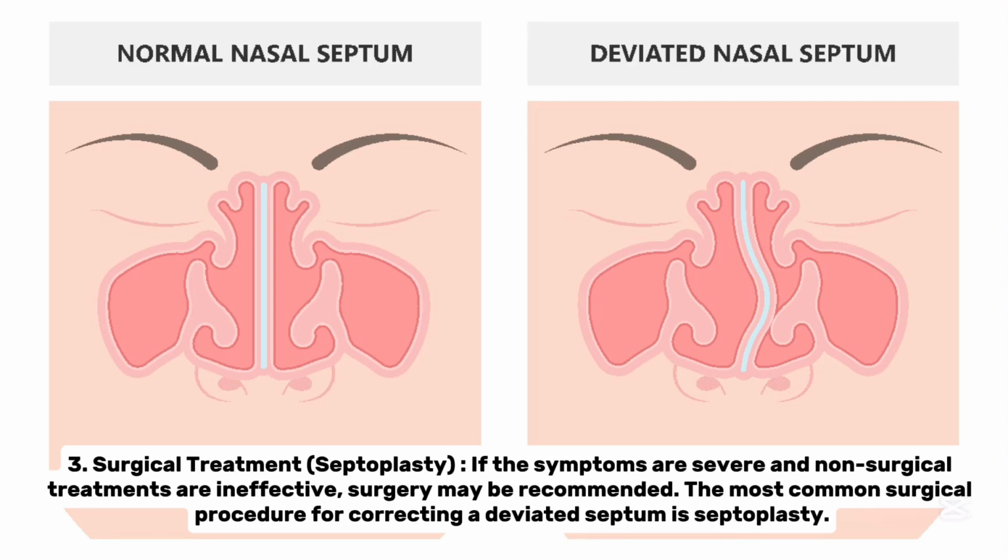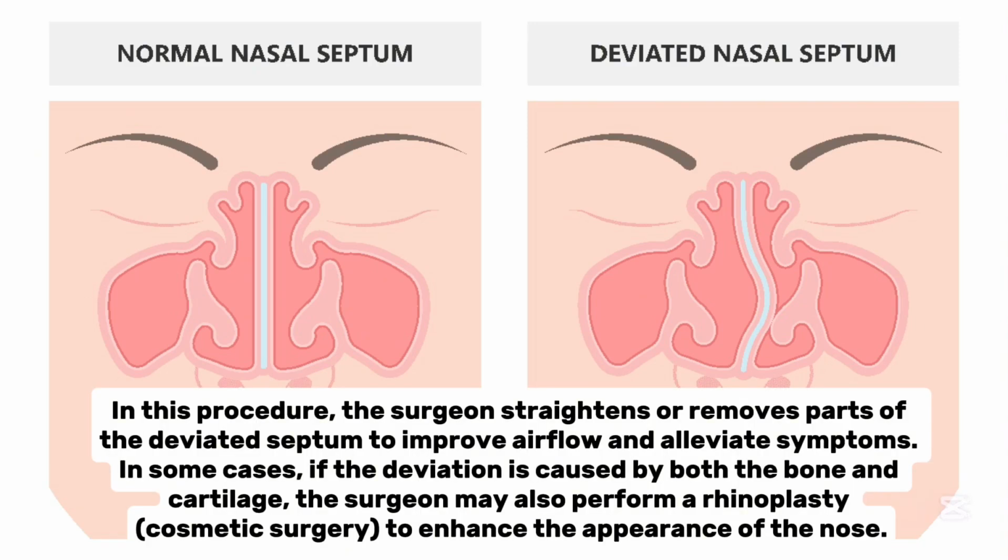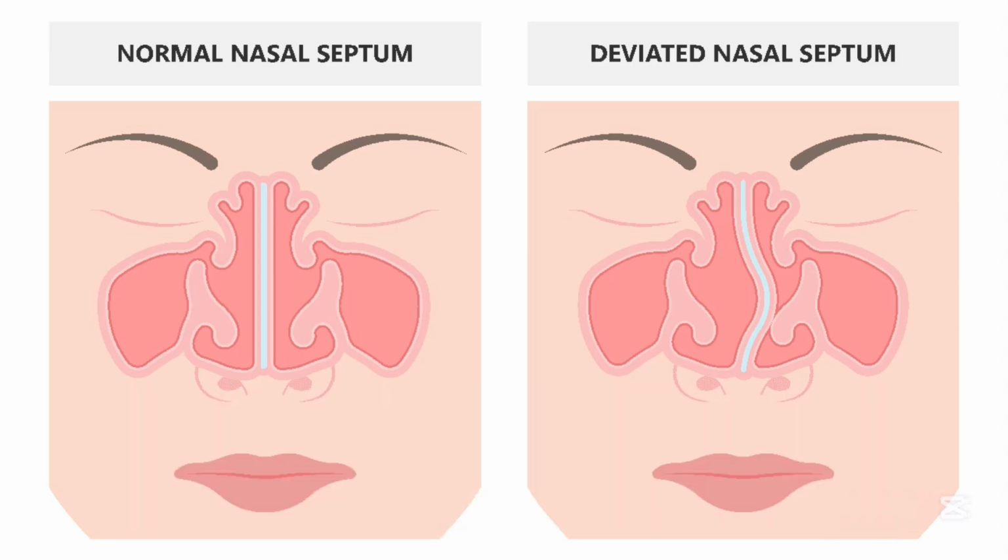The most common surgical procedure for correcting a deviated septum is septoplasty. In this procedure, the surgeon straightens or removes parts of the deviated septum to improve airflow and alleviate symptoms. In some cases, if the deviation is caused by both the bone and cartilage, the surgeon may also perform a rhinoplasty cosmetic surgery to enhance the appearance of the nose.